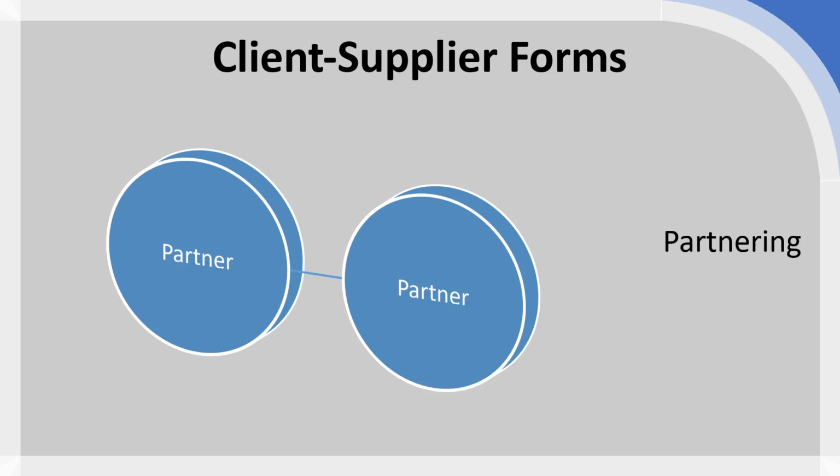Decision-making powers do not just rest with the client or the procurer, but are very much shared across both formal and informal ways between the two, creating a partner relationship as opposed to the traditional client-supplier relationship where decision-making powers rest solely with the client.